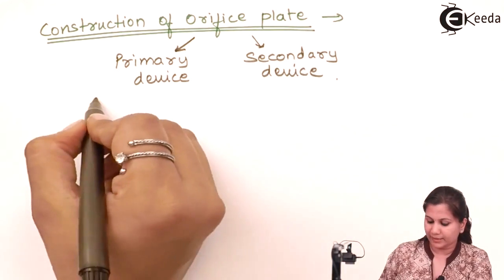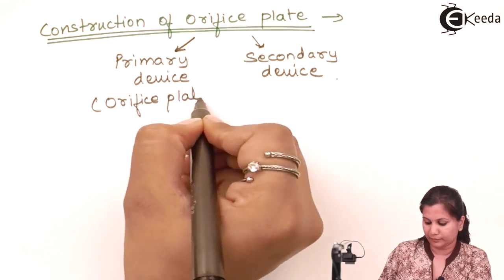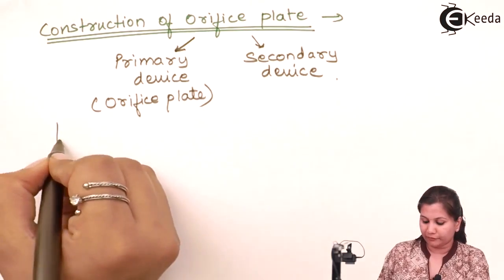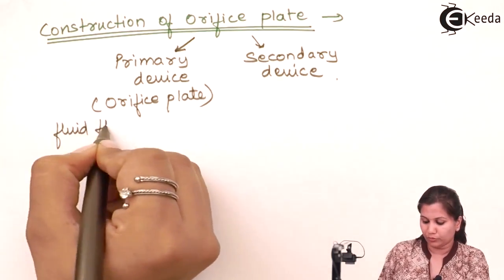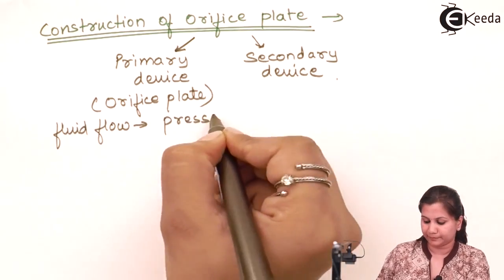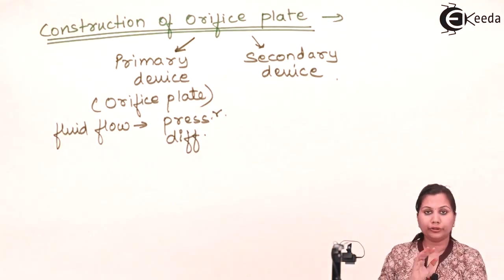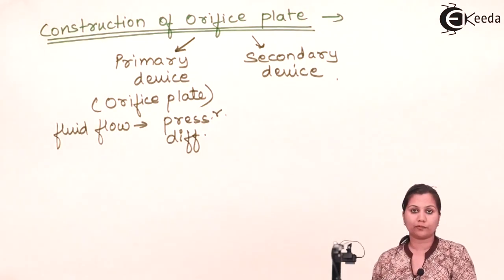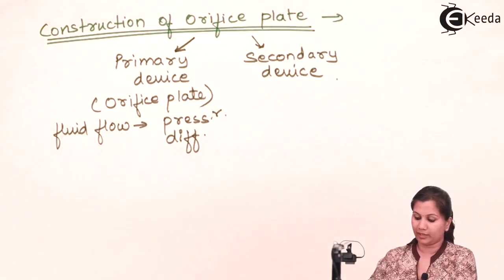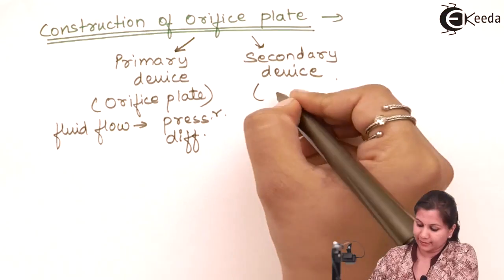The primary device is the orifice plate itself, which converts the fluid flow into a pressure difference. Due to the fluid flowing through the orifice plate, a pressure difference is created. The secondary device is a differential pressure sensor.